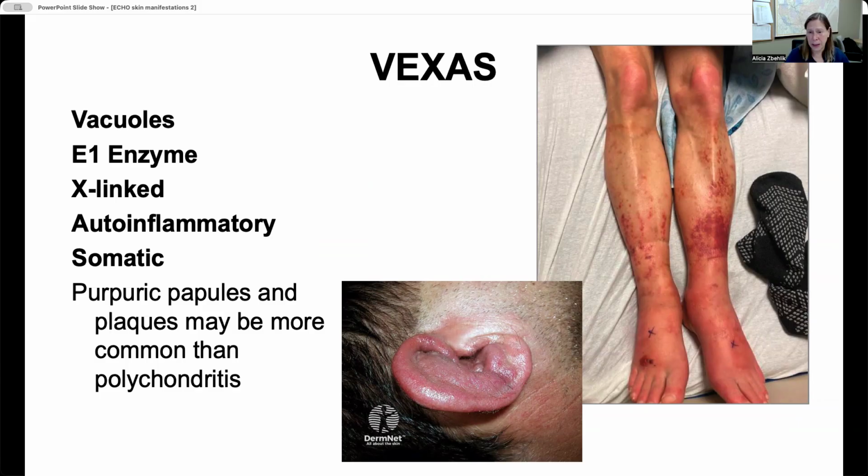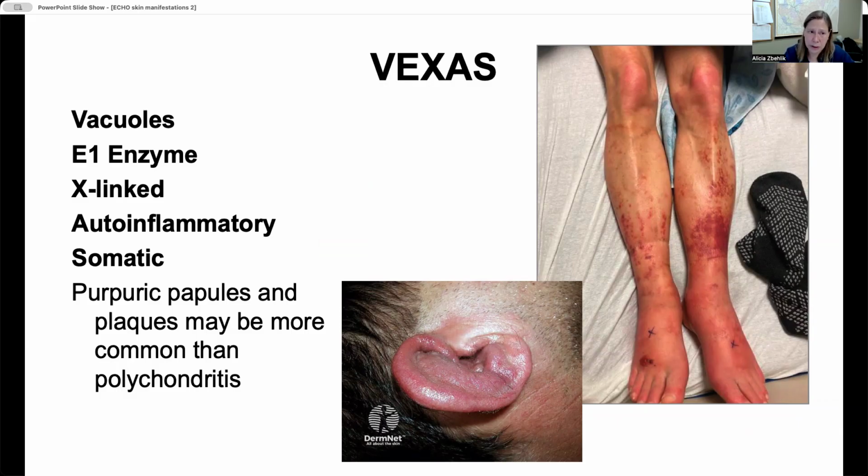But as they've now been looking and finding all these cases, because we can do the genetic testing and people are looking at it retrospectively, one of the primary findings is these plaque-like vasculitic rashes of the skin, probably more common than the polychondritis. And this is more common than lupus. So we've probably seen it, but we didn't know it. The knowledge around this really started to come out in about 2020.